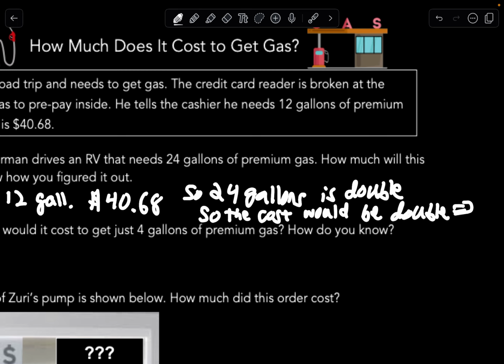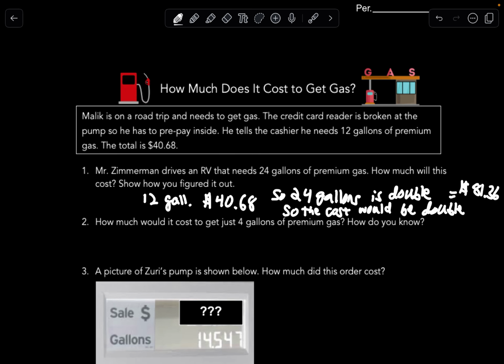Thus, the cost is 40.68 times 2, which works out to $81.36. So it would equal $81.36.